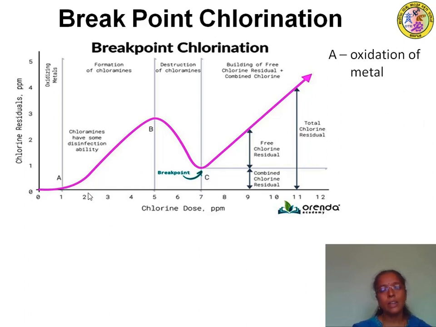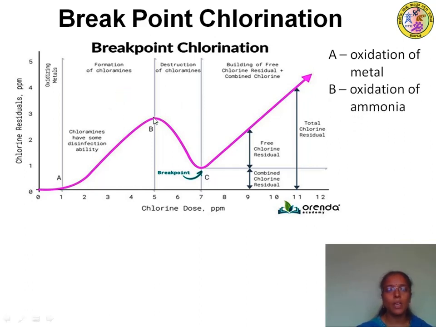When you further increase the chlorine dosage for the same water sample, the chlorine residuals gradually increase, and the ammonia present in the water will also be oxidized during this period. So point B represents the ammonia present in water combining with chlorine to form chloramines.